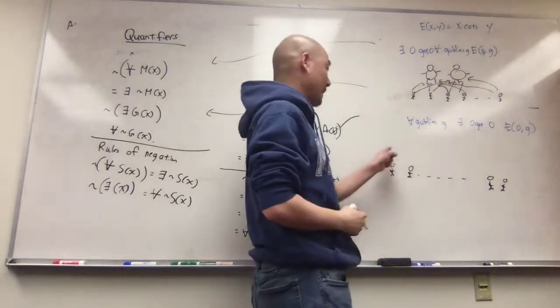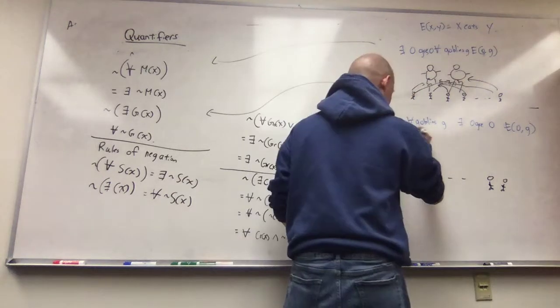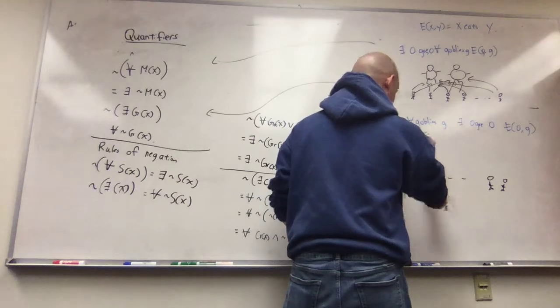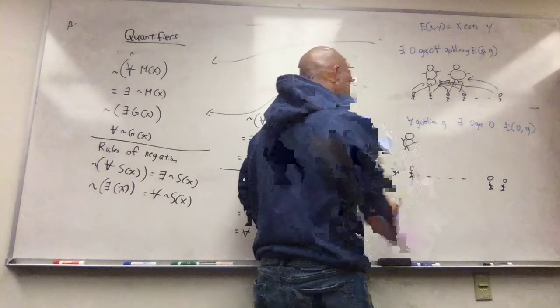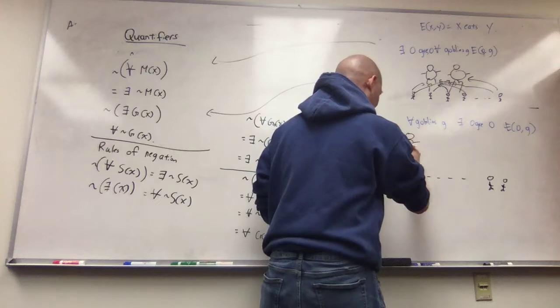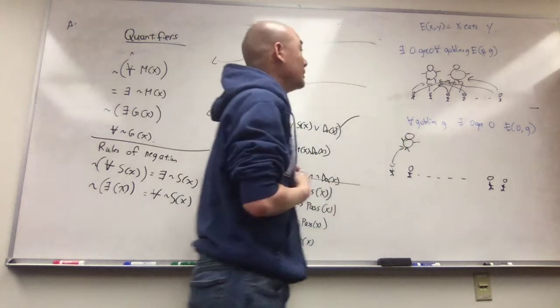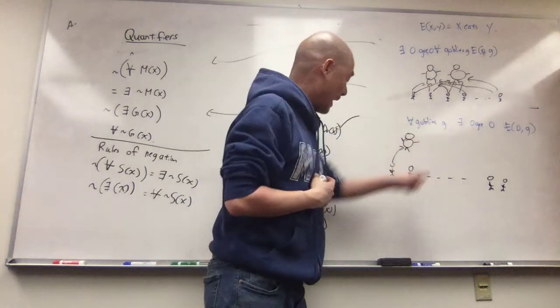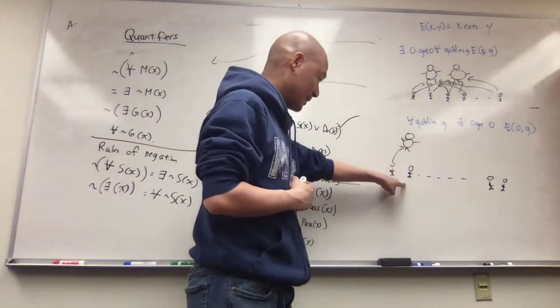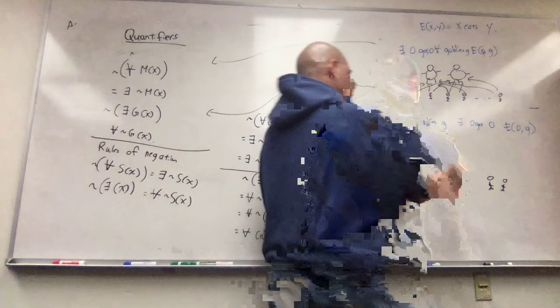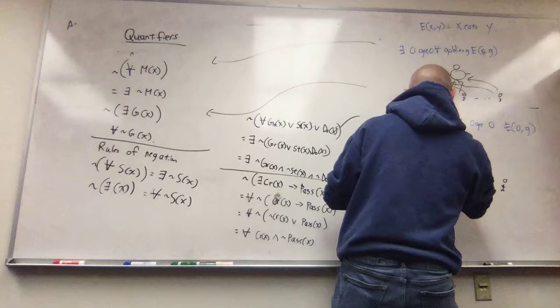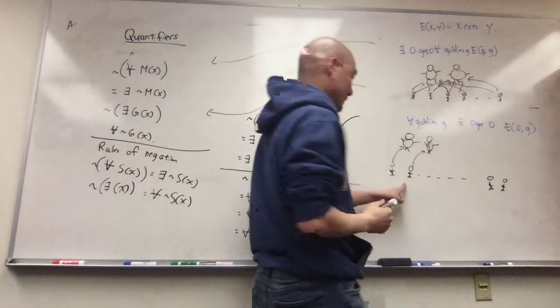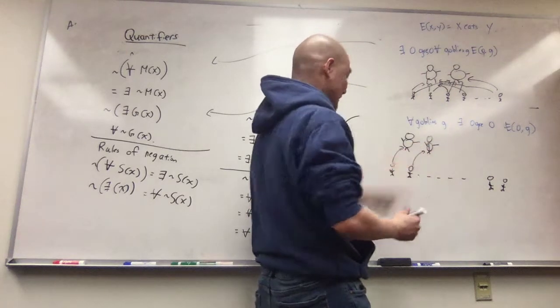So for each goblin, I can find an ogre that eats the goblin. So maybe this ogre eats this goblin. And then this happens for every goblin G. So for this goblin, I should be able to find an ogre so that the ogre eats that goblin.